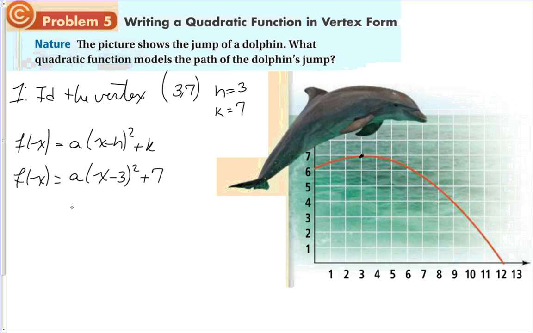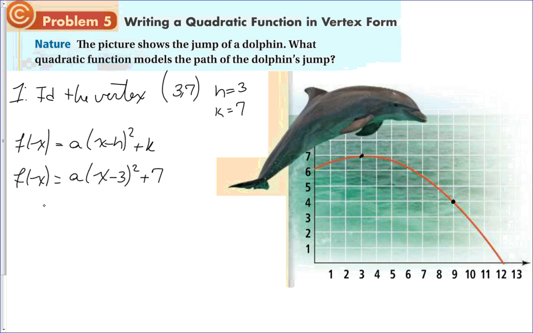How do we solve for a? Well, you pick another point along this graph that this red line goes through. If we look, it goes through this point right here. That point is (9, 4).